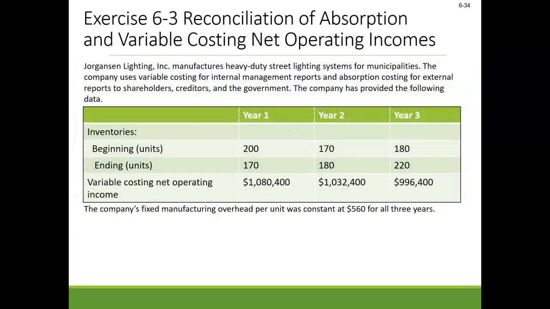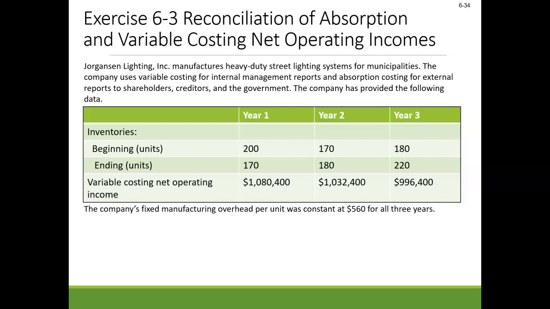Let's look at this thing here. Jorgensen Lighting manufactures heavy-duty street lighting systems for municipalities. The company uses variable costing for internal management reports and absorption costing for external reports to shareholders, creditors, and the government. The company has the following information. So we have 3 years.